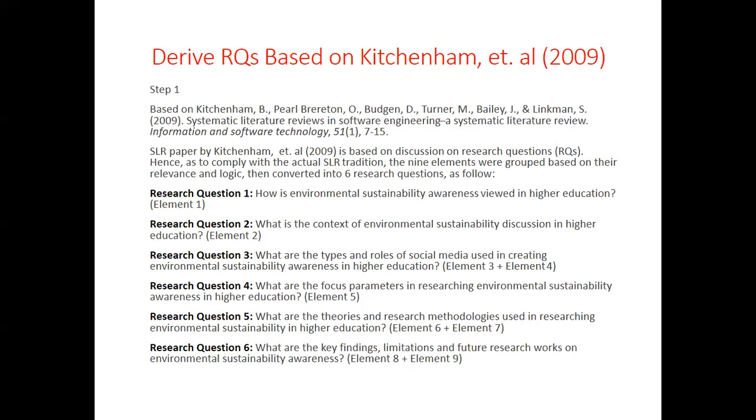This is another example of research questions, which I'm not going to go through. These guys had 6 research questions. And they were able to do the systematic literature review, okay? But they were studying about environmental sustainability in higher education, okay? So they had 6 research questions.